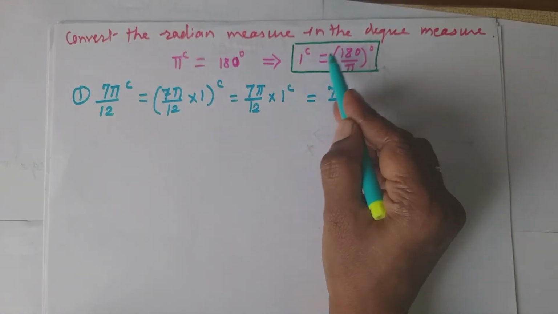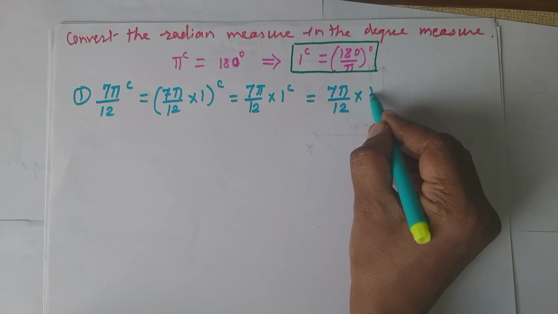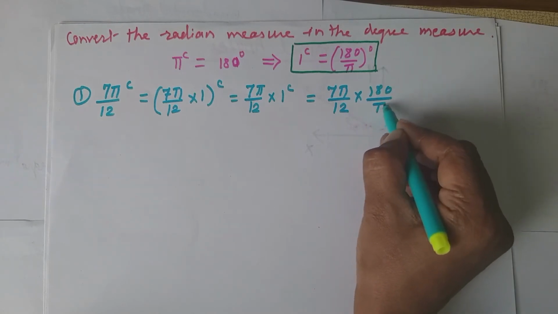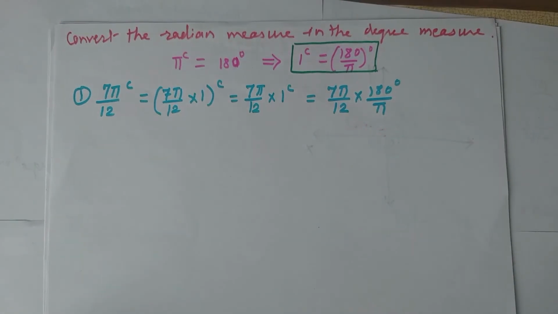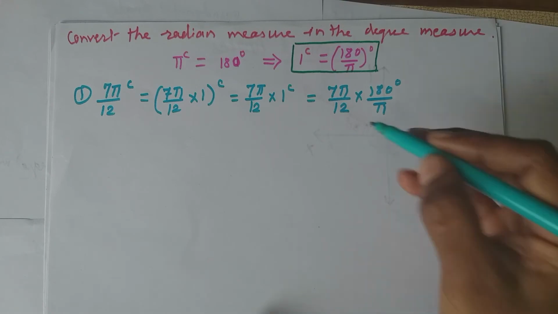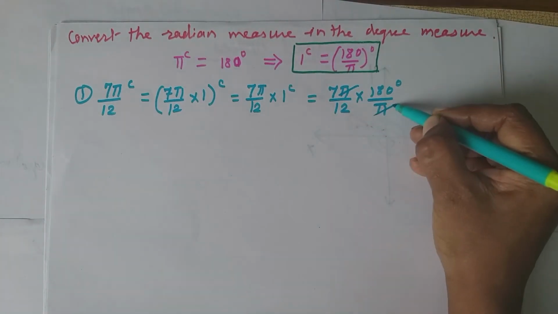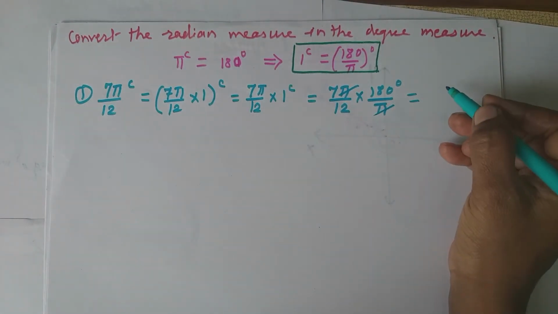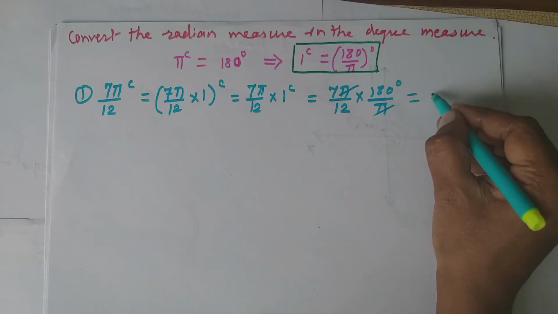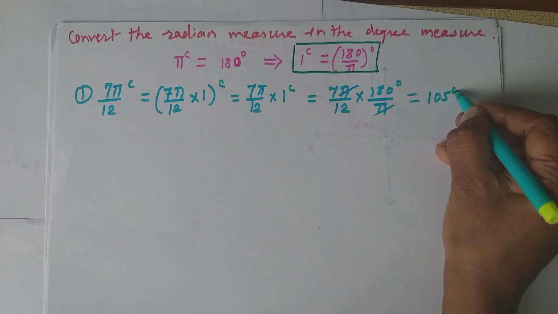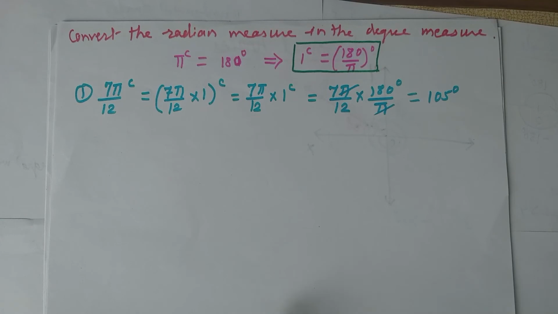What is the value of 1 radian? That is 180 divided by pi degree. Now this pi will get cancelled and do the simplification. After simplification, this is the angle of 105 degree.